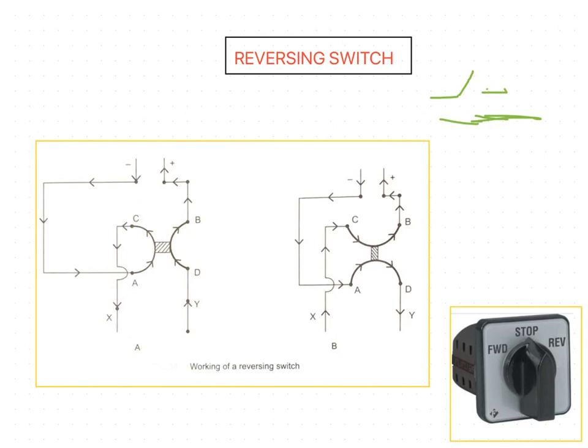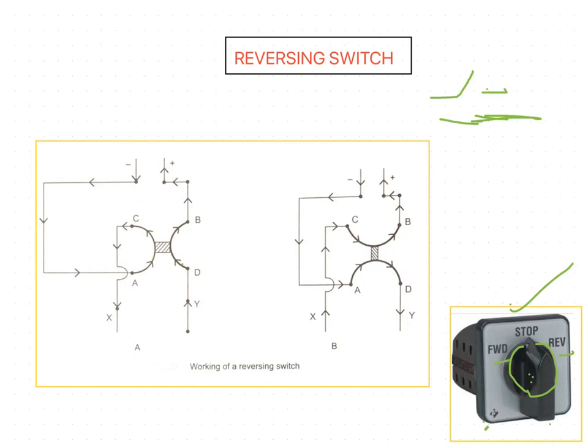This is a normal type, one of the types of reversing switch we can see in the markets. We can use it for reversing the polarity by using this knob, which rotates the strips inside the circuit. The rotation of the strips is only a quarter of a circle.